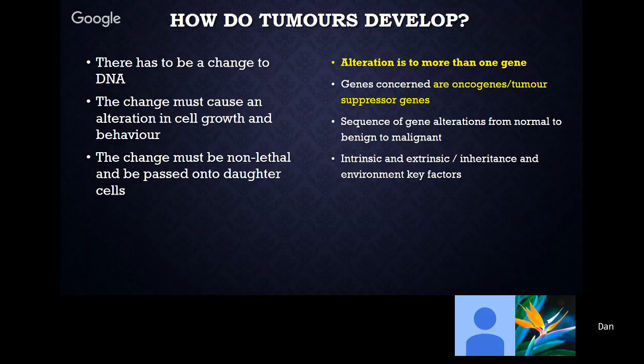And remember that since there's a problem with the DNA itself, it means that you're going to have a problem with a gene. So usually it's one gene or more than one gene that is involved in the changes. This is what we will talk about later on.